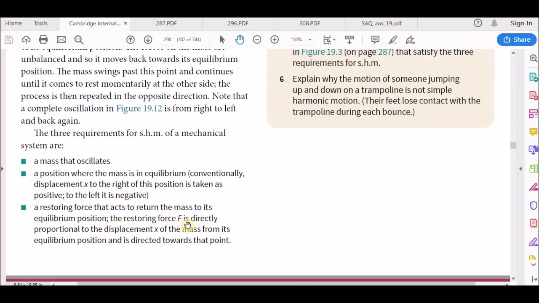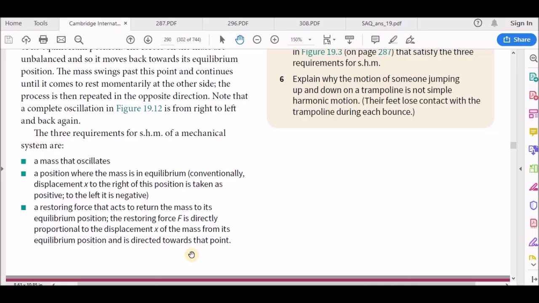The restoring force F is directly proportional to the displacement x of the mass from its equilibrium position and is directed towards that point. So again you can see over here, the greater the displacement from the equilibrium position, the greater will be the resultant force.